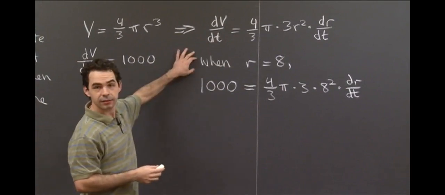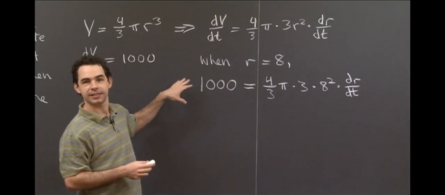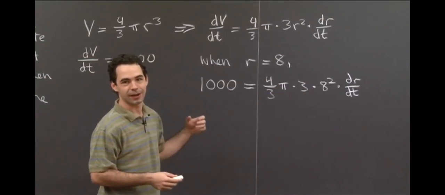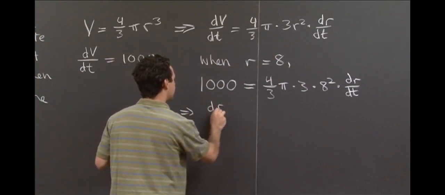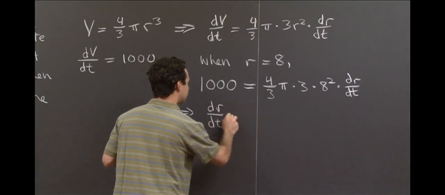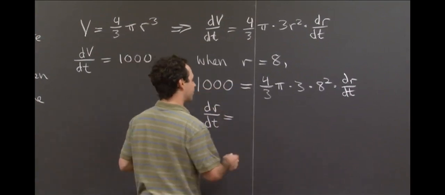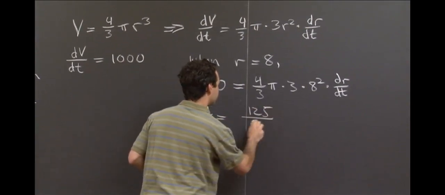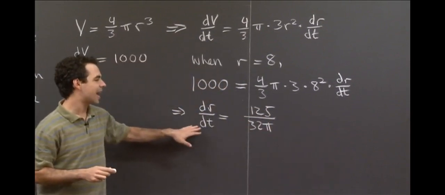At this moment, we have this equation to solve for dr/dt, and it's a nice simple equation. You just divide through by everything on the right-hand side other than dr/dt. So dr/dt is equal to 1,000 divided by all this stuff. I think it works out to something like 125/32 pi.